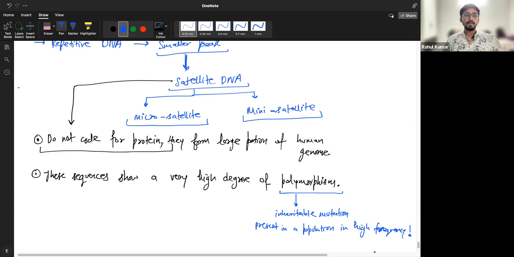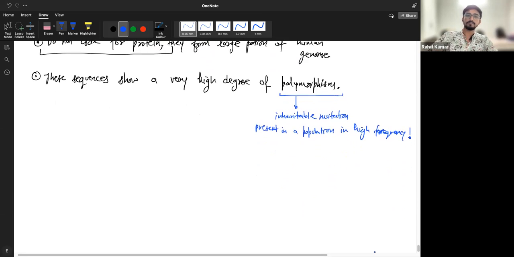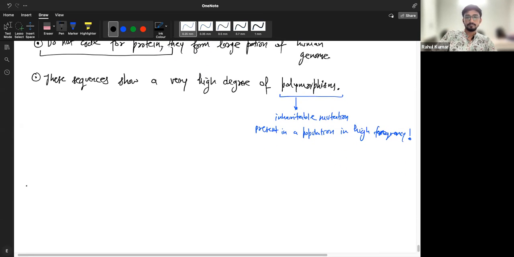Okay. Now write down about the technique, the mechanism of DNA fingerprinting. How do we do it?